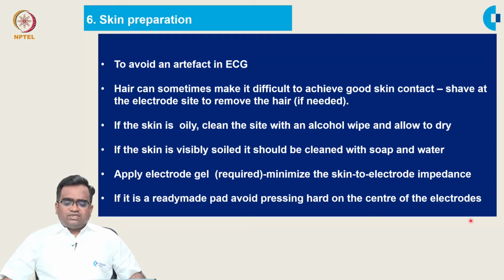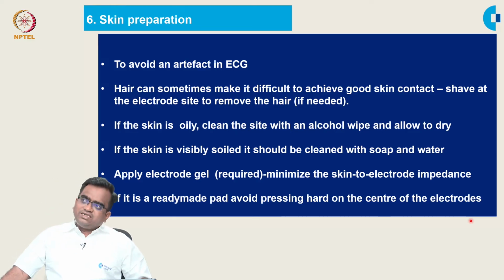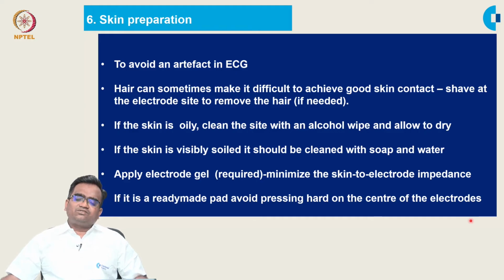Next, we are going to see skin preparation. Skin preparation is done in order to avoid artifact in the ECG. Some people may have additional hair on their body. That additional hair may interfere with the ECG recording.